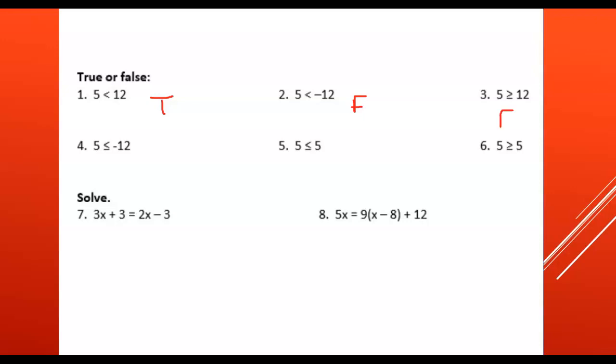False. So it's all about, can you read it the way it's written? Is 5 less than or equal to negative 12? No. A positive will never be less than a negative. Is 5 less than or equal to 5? Yes. And is 5 greater than or equal to 5? Yes, because they both have equals.